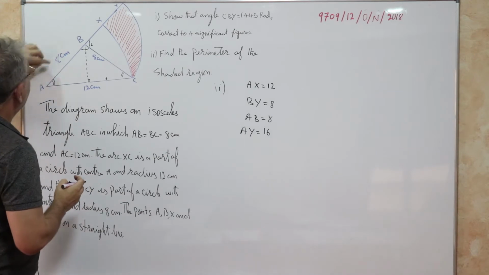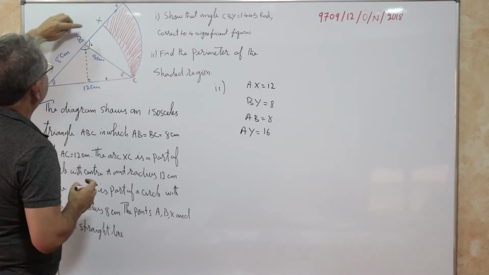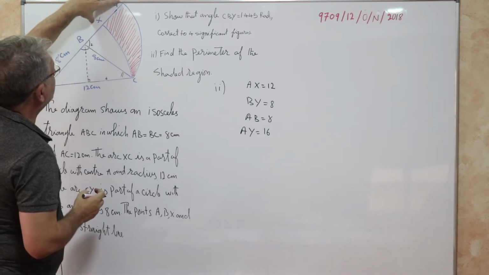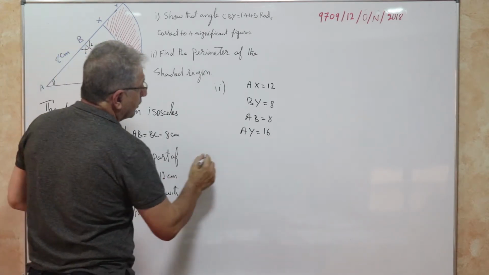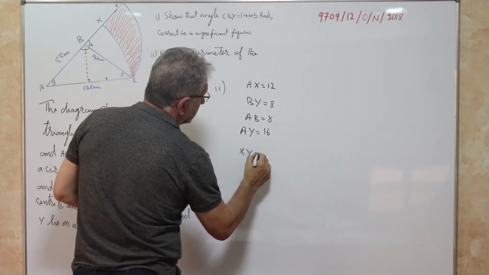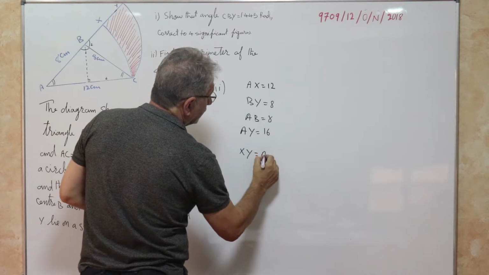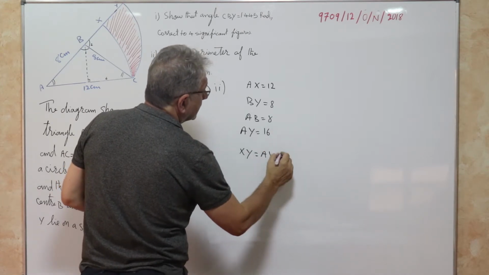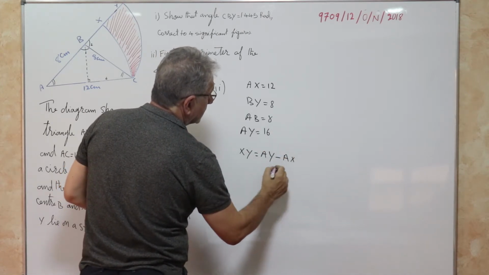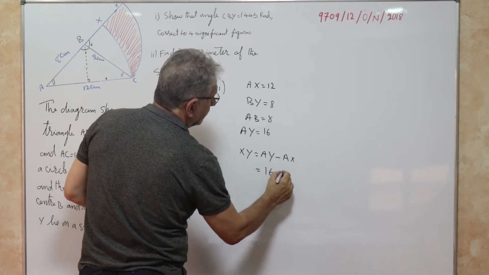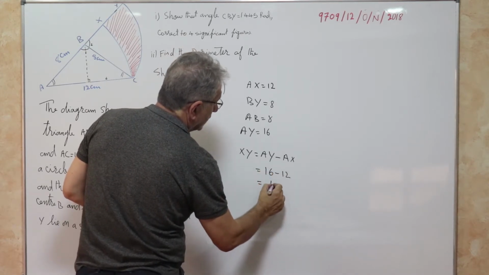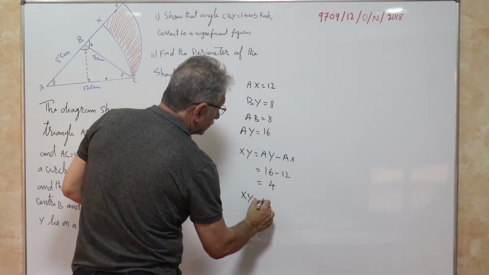We know that AY is 16 and AX is 12, therefore XY is equal to AY minus AX, which is 16 minus 12, which is 4.